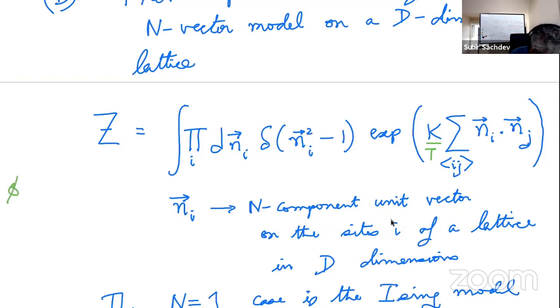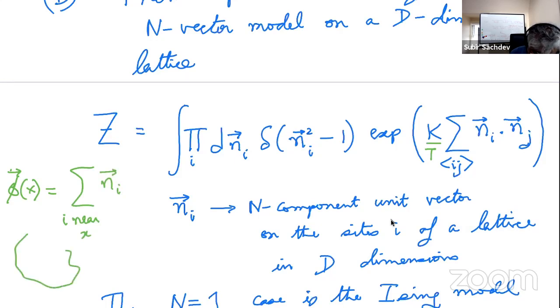which is a vector. Let me draw a vector. At x, which is something like a sum on i near x, you have some averaging volume of n_i. Okay, you take some region here. This is the point x, and in this region there are lots of little vectors pointing in all different directions.